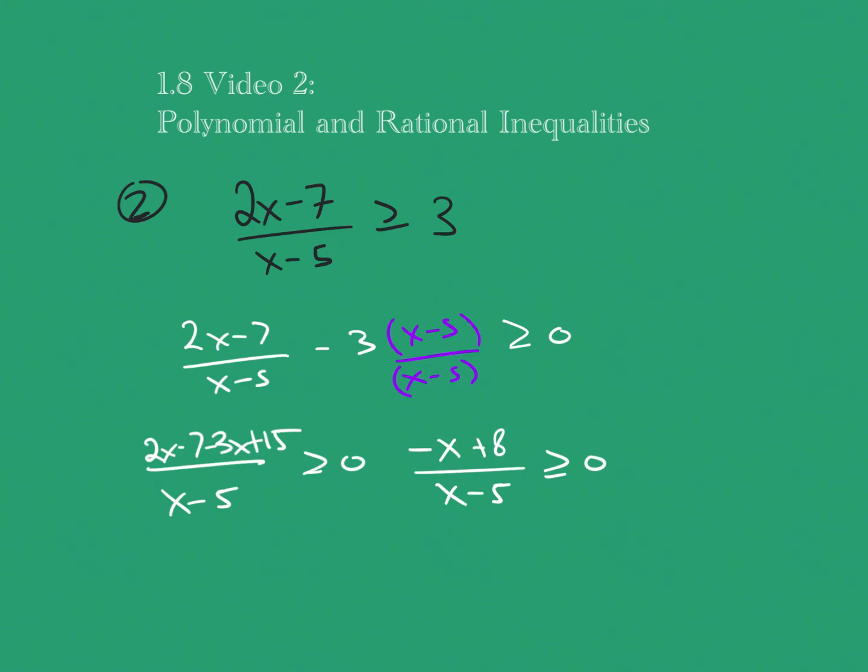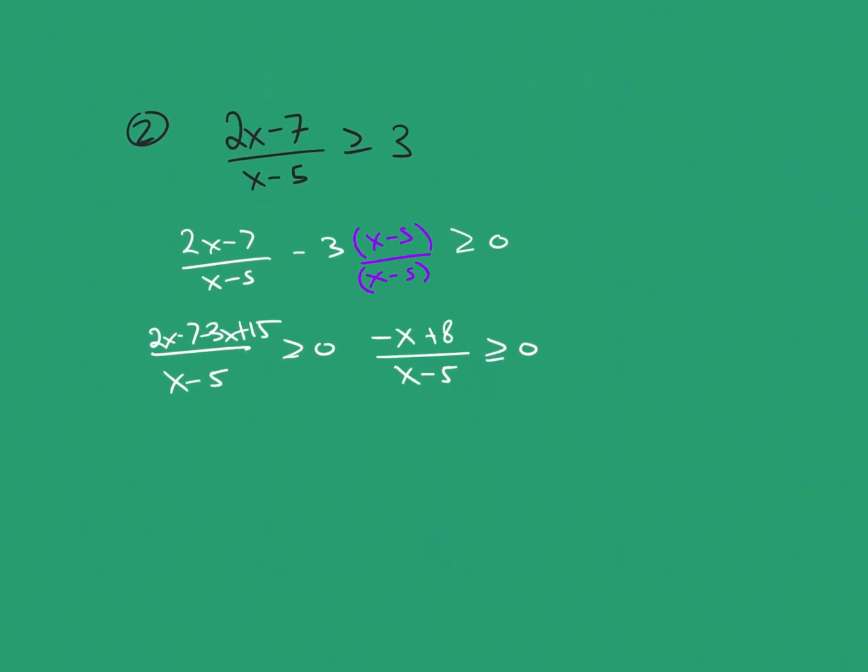The twist here is that we have our zeros from the top, our x-intercepts, but we also have an undefined spot at x equals 5. So you have to take anywhere where the expression is undefined and include that in our number line test.